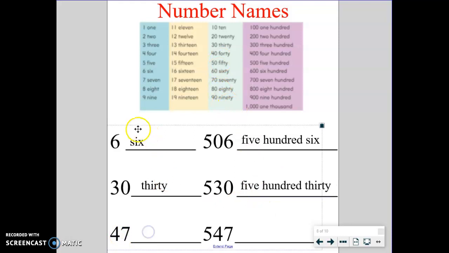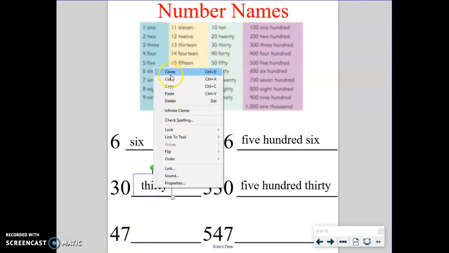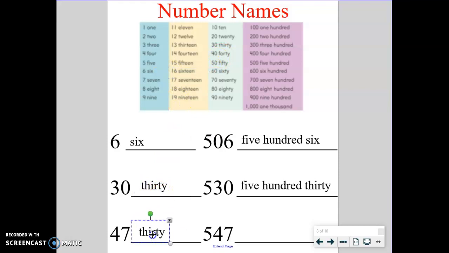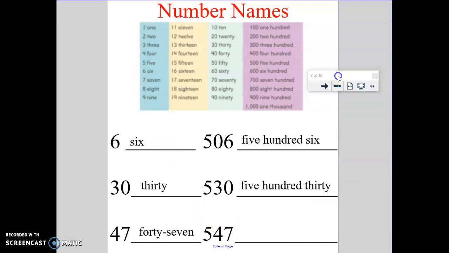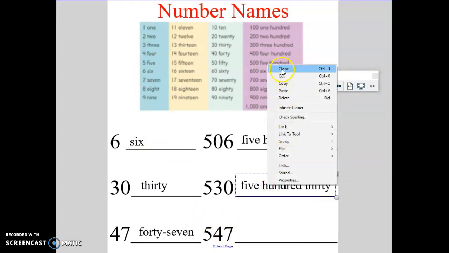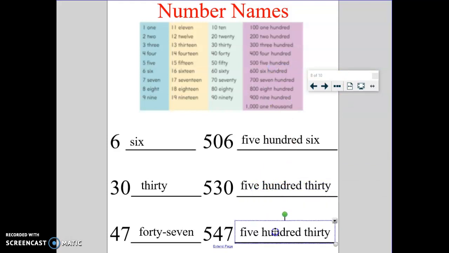47, remember this is a 2-digit number. If I remember from 2-digit numbers, we need to put a hyphen between our tens and our ones. So I'm going to start by looking for 40. So I'm going to clone this, and I'm going to write 40, and then I need that hyphen, and then the number 7, and I can find that number 7 right here. 547, so I'm going to keep my 500, but now I have to write 47.